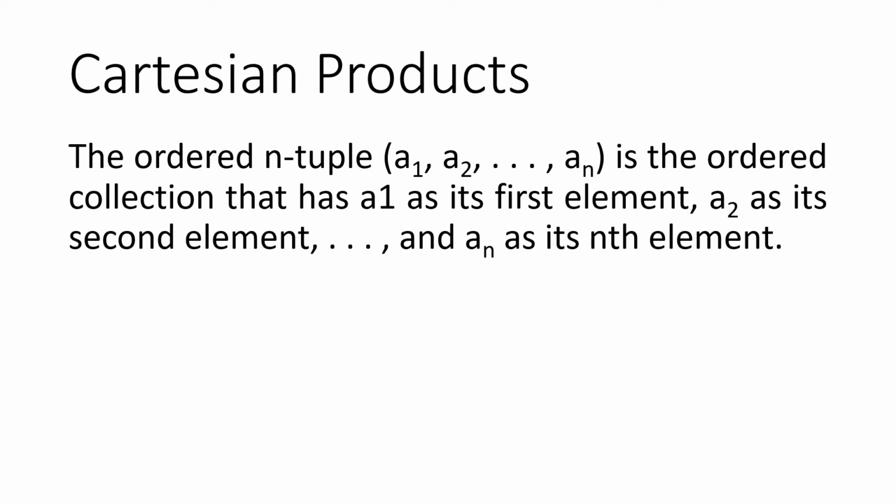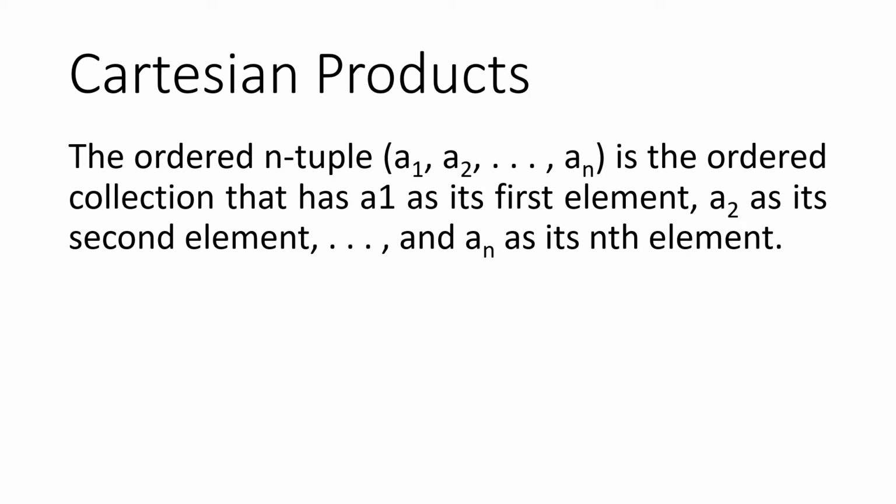So let's have the Cartesian product. The order of elements in a collection is often important, but because sets are unordered, a different structure is needed to represent ordered collections, and that is provided by ordered n-tuples. The ordered n-tuple a sub 1, a sub 2, up to a sub n, is the ordered collection that has a sub 1 as its first element, a sub 2 as its second element, and up to a sub n as the nth element.